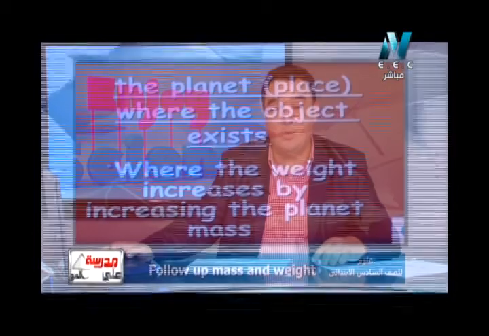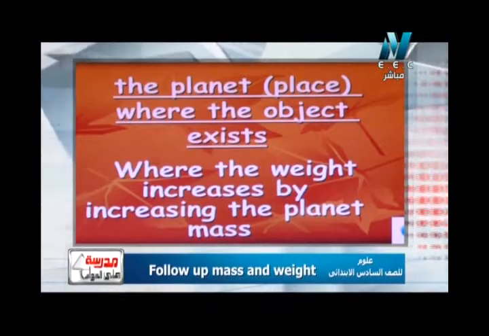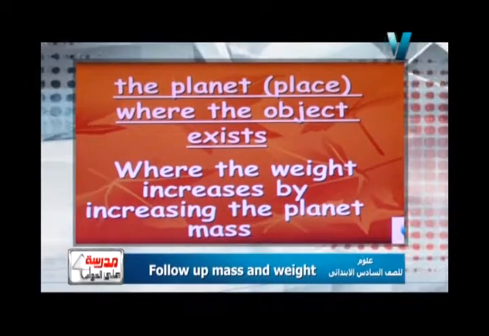Your weight will be much bigger، هيكبر جدا because Jupiter is the largest planet، هو أكبر كوكب and it has the largest attraction force. جوبيتر هيكون عنده أكبر كمية جذب لينا أو بيشد الجسم الموجود عليه بكمية أكبر جدا، so it will have the largest weight. So again the planet or the place where the object exists: the weight increases by increasing the planet mass.